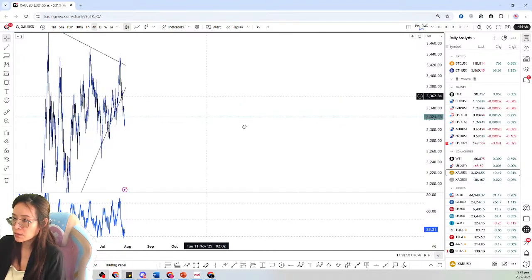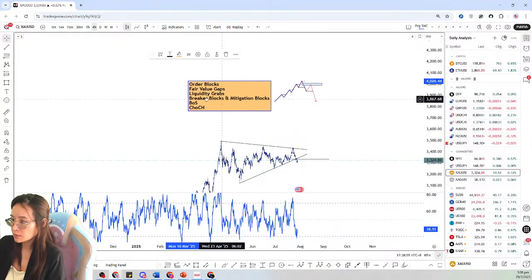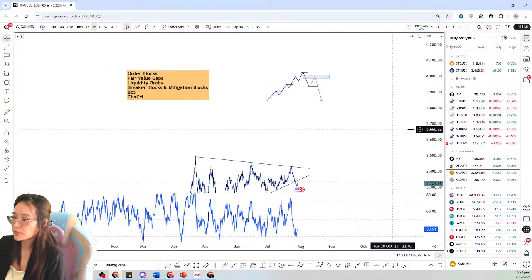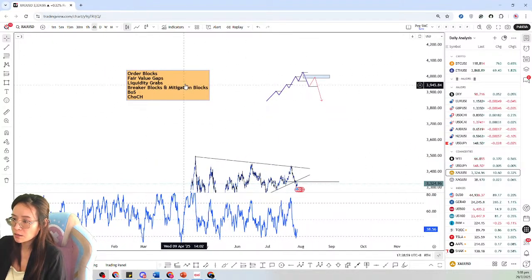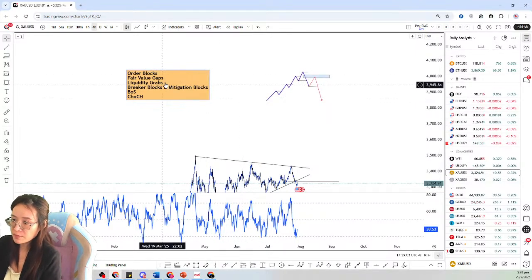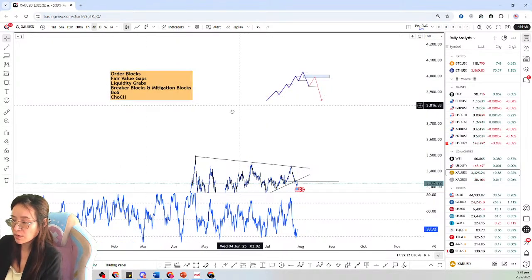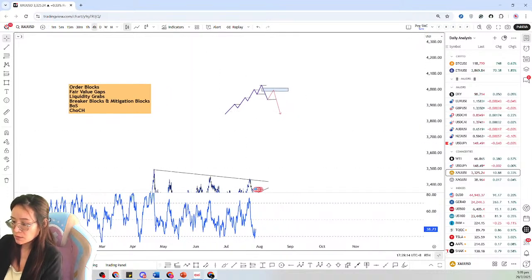What we have covered: for SMC we have the order block, which we covered in part 1 and part 2. We have FVG or fair value gap, liquidity gap, breaker block, mitigation block, break of structure, and change of character.